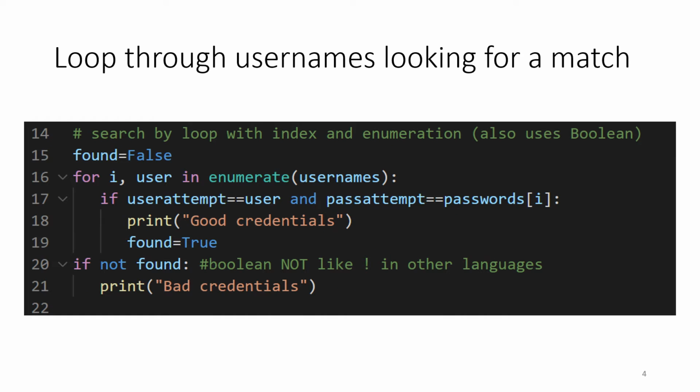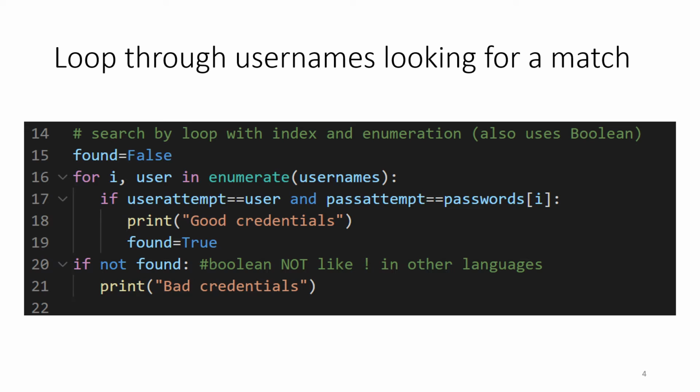In our first approach, we are going to explicitly loop through the usernames looking for a match. So in 15, we set up a Boolean variable to determine whether or not we have found a valid username, and we're going to start that off as false. We haven't started to look yet, so we have not yet found a valid username. In 16, we set up our loop over the usernames.